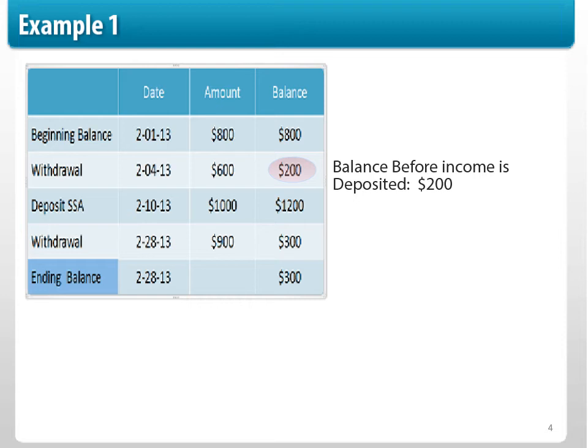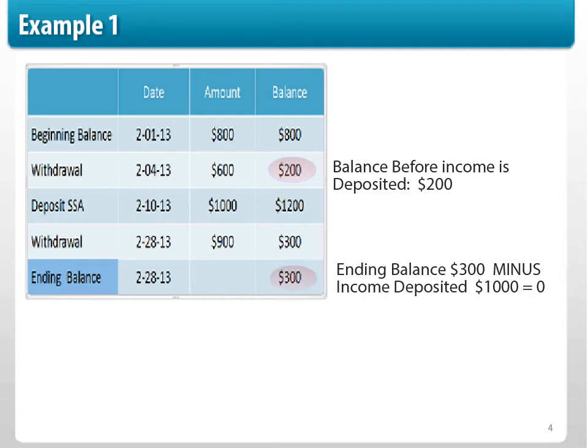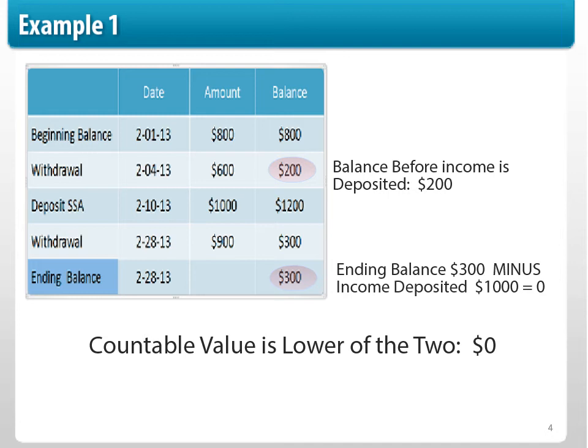The next thing we need to do is to identify the ending balance, which is $300, and subtract from it the amount of income that was deposited, which is $1,000. The difference between these two amounts is 0. So now we have the balance before income was deposited, $200, and we have the ending balance minus income deposited, which is 0. The countable value is the lower of the two, so our countable value is 0.